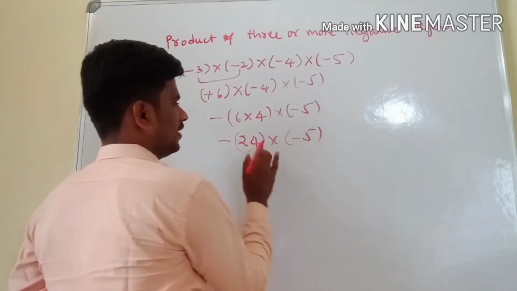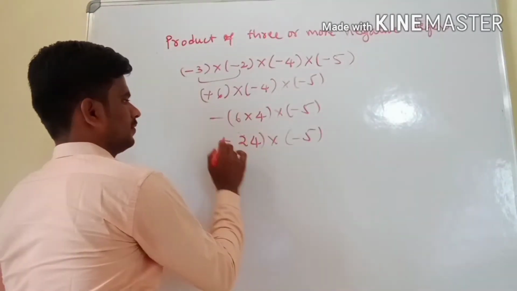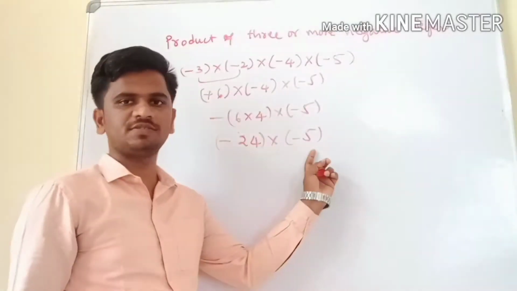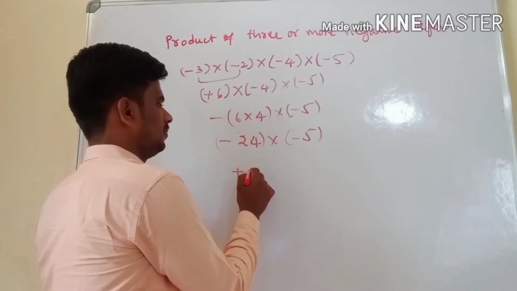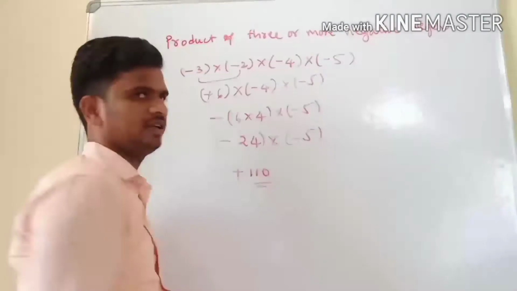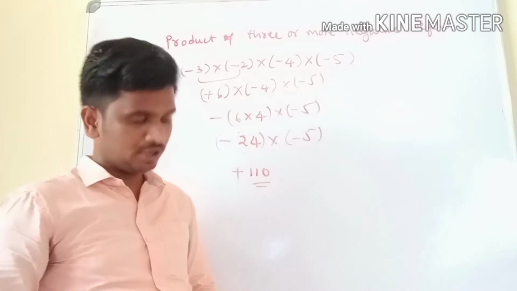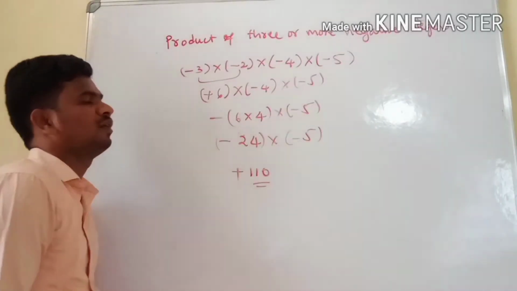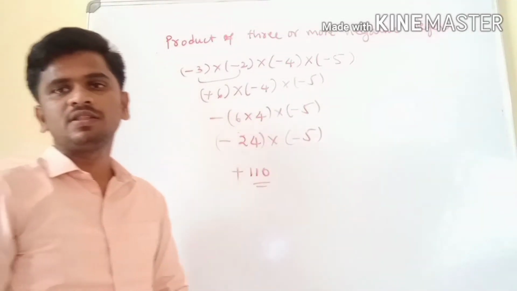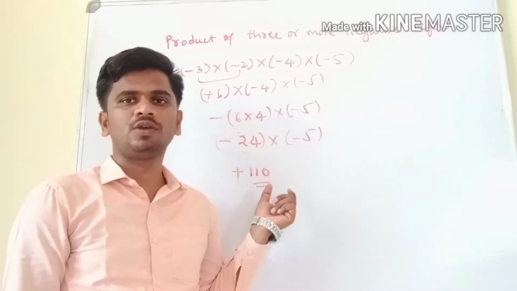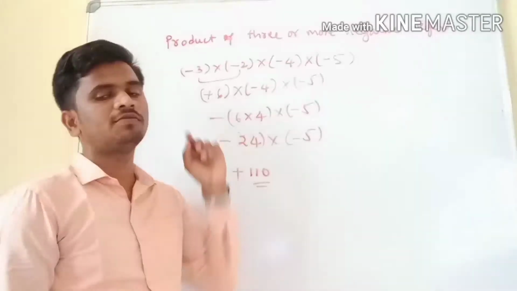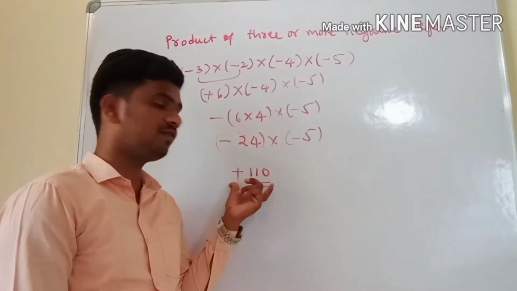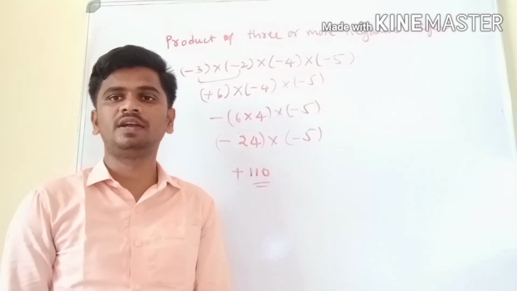See, this one is minus 24 and this one is minus 5, so minus into minus is plus and its value will be 120, a positive integer. You might have observed here, when you multiply three negative integers, you get a negative integer, but when you multiply four negative integers, again we get a positive integer.